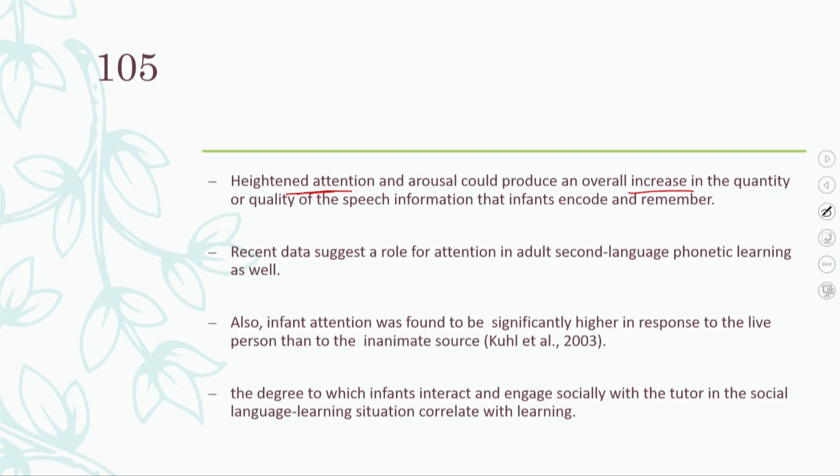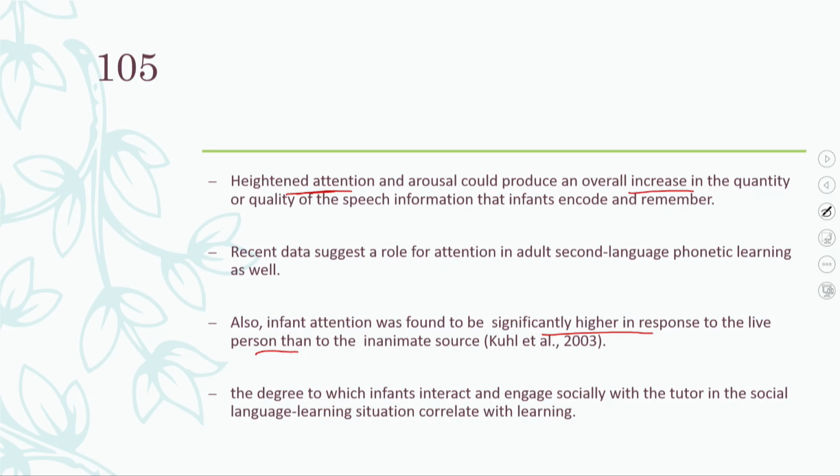That is the baseline. Recent data suggest a role of attention in adult second language phonetic learning as well. Also, infant attention was found to be significantly higher in response to the live person than to the inanimate source. We just looked at epistemic trust in the previous lecture, where children attend to people they trust more.